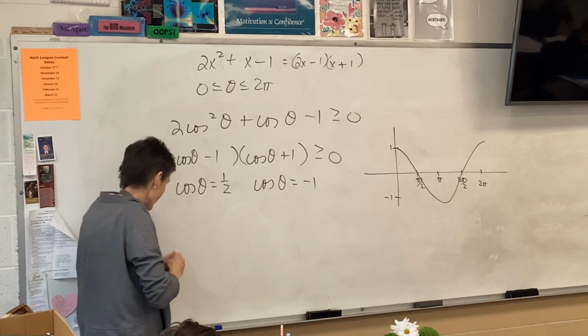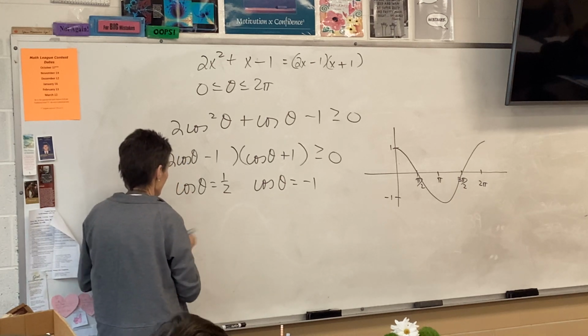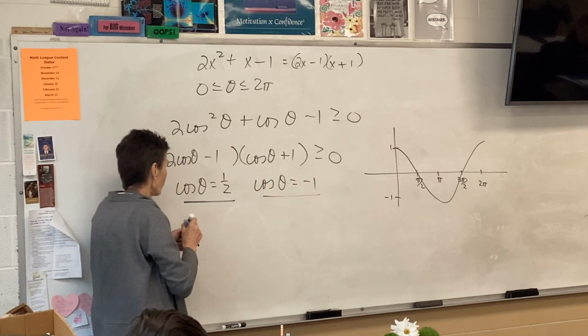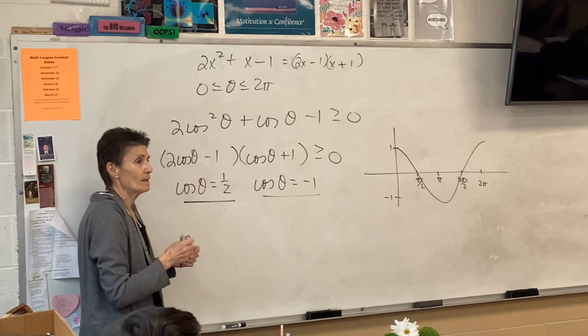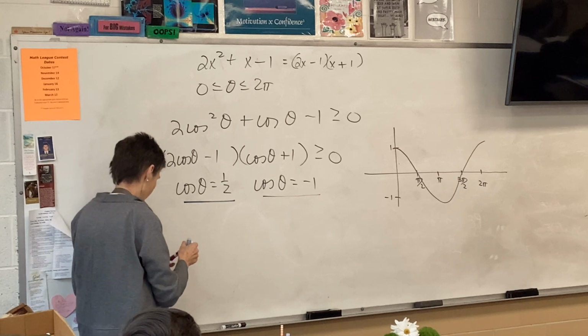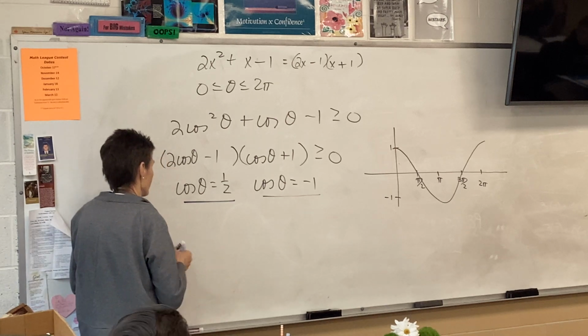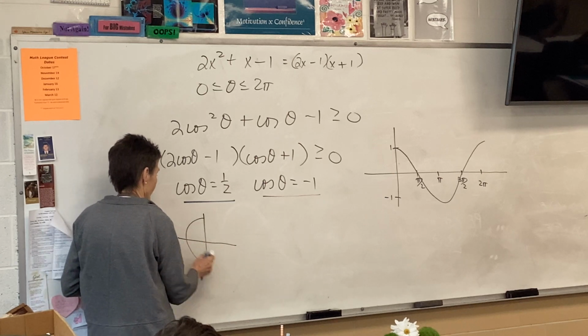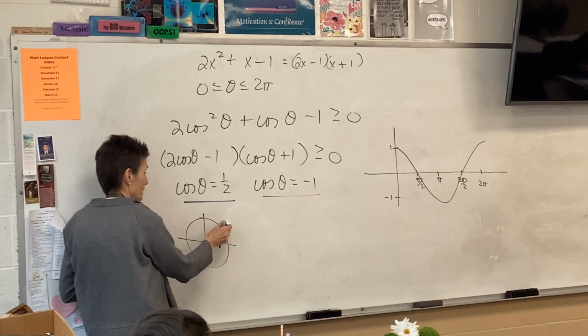So I'm just going to come over to my graph now. I'm going to do this one in blue and this one in pink. Where is the cosine a half? Here and here.